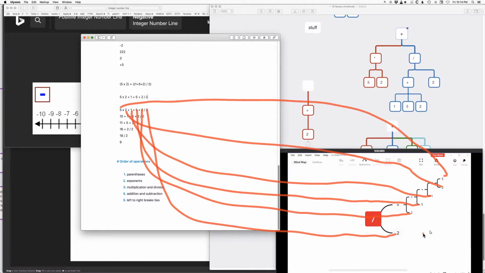Okay, do you see my screen? So you show where the 5 is, you show where the 2 is, show where the 1 is. Every number in the original formula ends up one time in your tree.